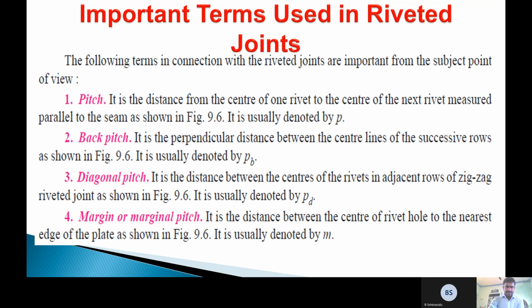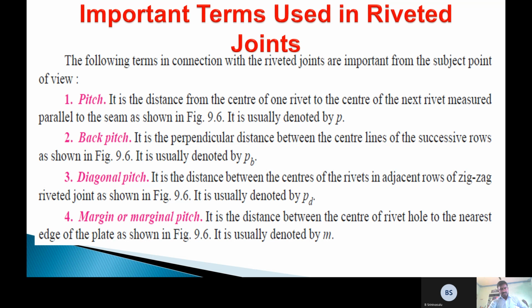The important term pitch. It is the distance from the center of one rivet to the center of the next rivet, measured parallel to the seam, as shown in figure 9.6.